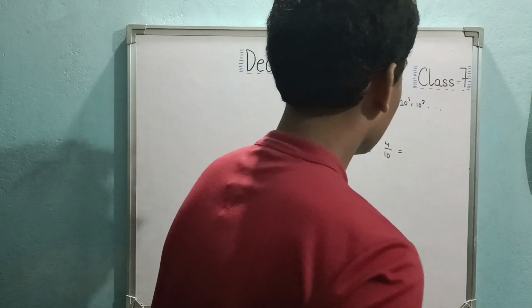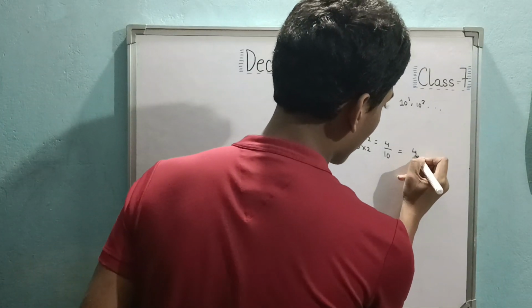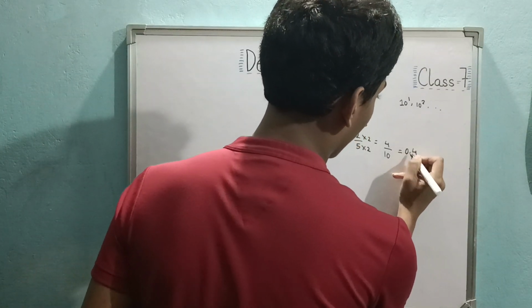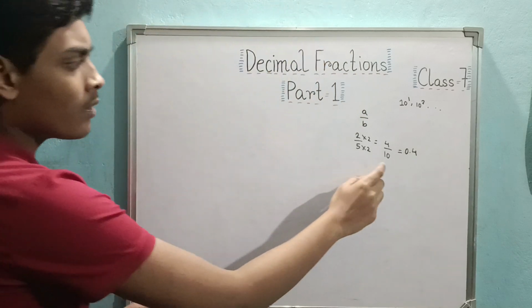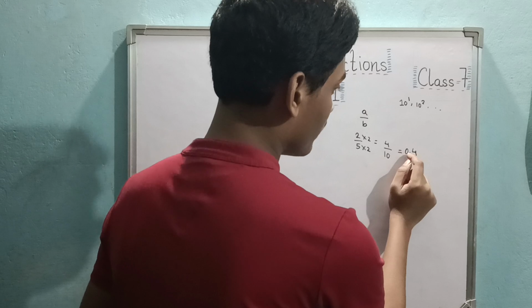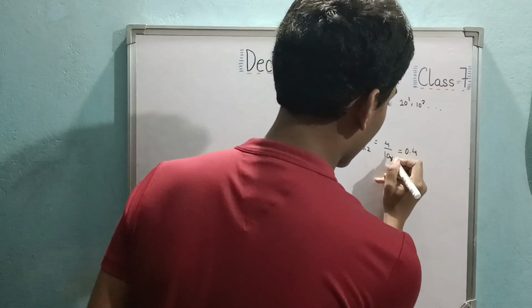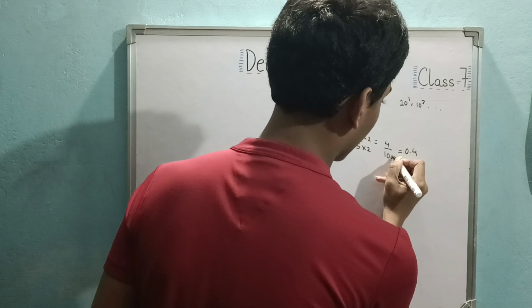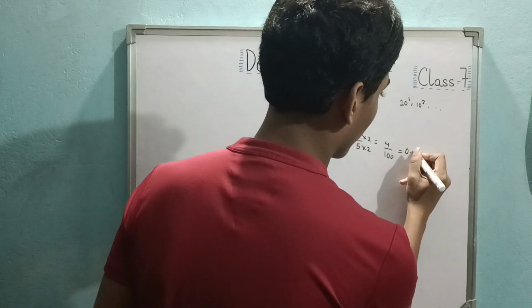Now 4 by 10 means before 4 one point will be there and a 0 will be there. So the number of zeros will be the number of places after this point. So if it is 4 by 100, then it will be 0.04.